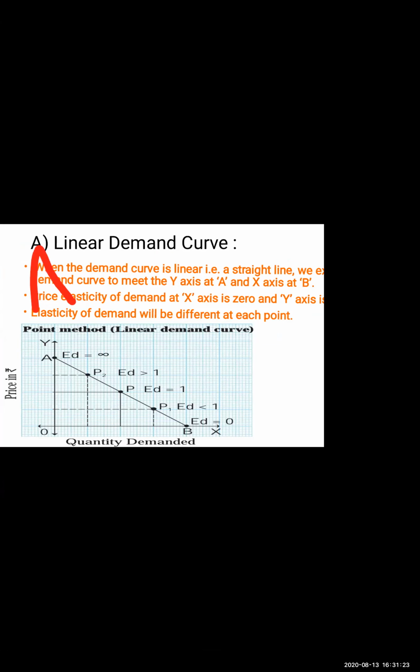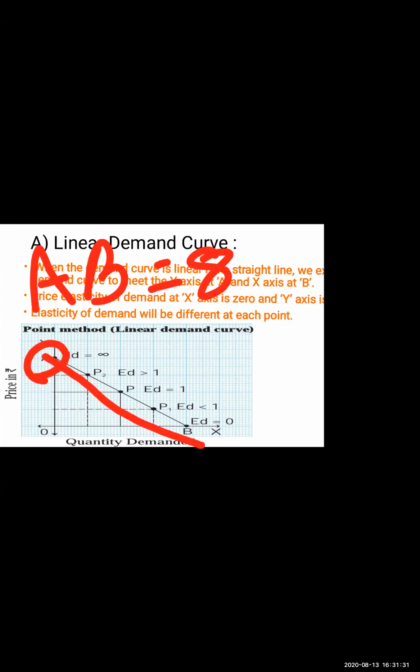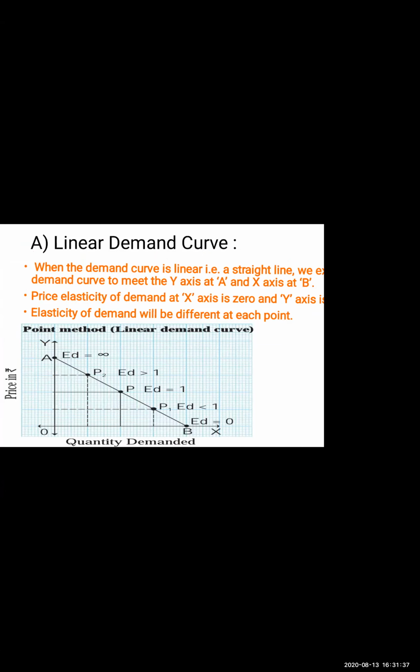If AB is equal to 8, this total length, this total demand curve is equal to 8. What will be the middle one? If AB is equal to 8, what will be your P?